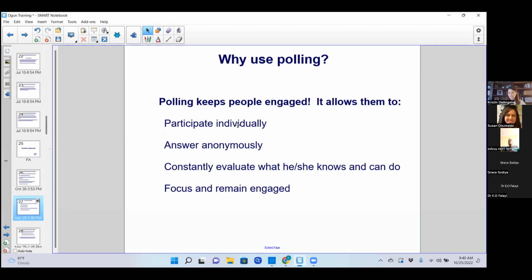With the polling, like I said, it's all individual. This is my favorite part, it's all anonymous. Using clickers, using Socrative, using the smart responders, or I guess they're smart VE now, they are all anonymous.